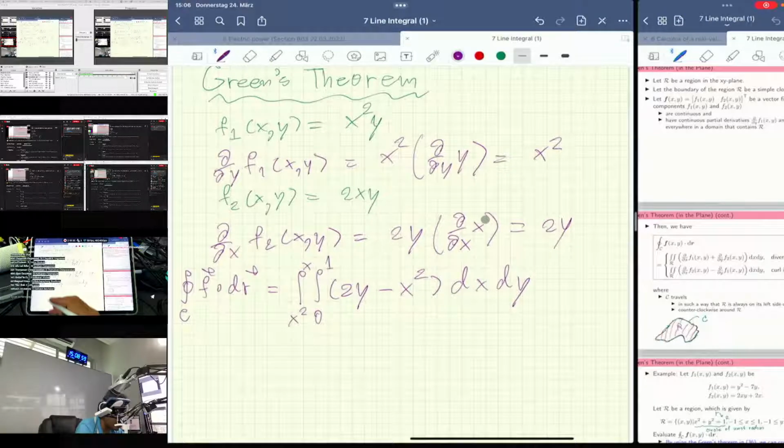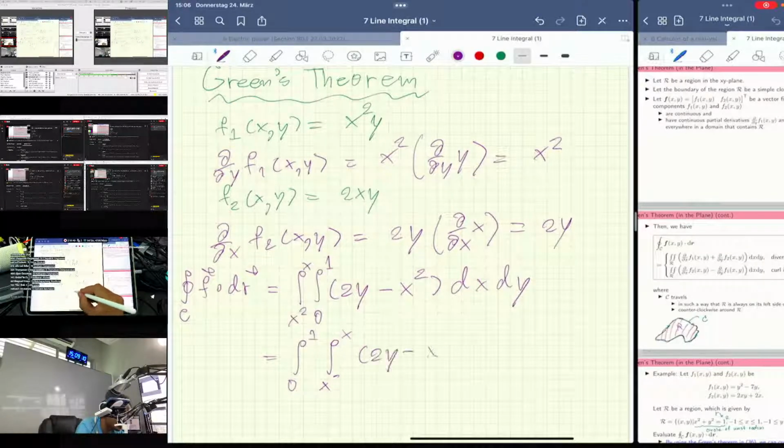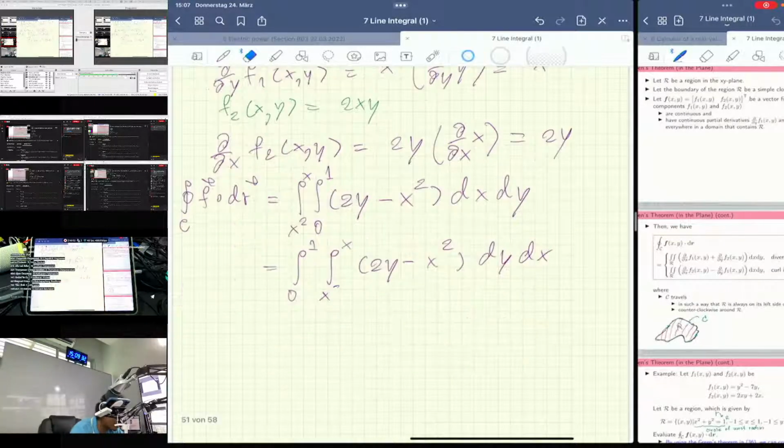And you're going to have here integration from 0 to 1, integration from x squared to x of 2y minus x squared dy dx. We have to change the sequence of the integration because the limit 0 to 1 doesn't depend on the unknown variable. We have to move it outside, make it at the end.